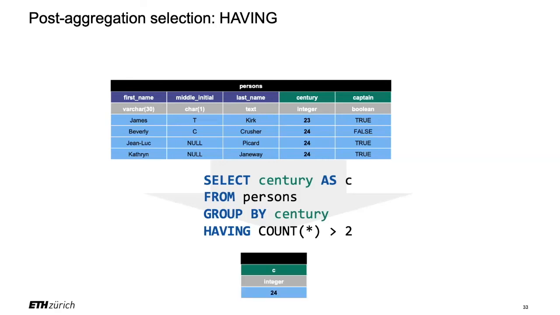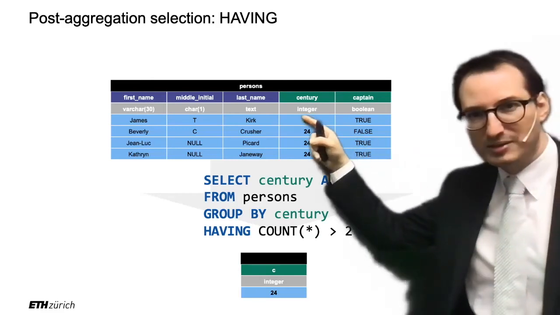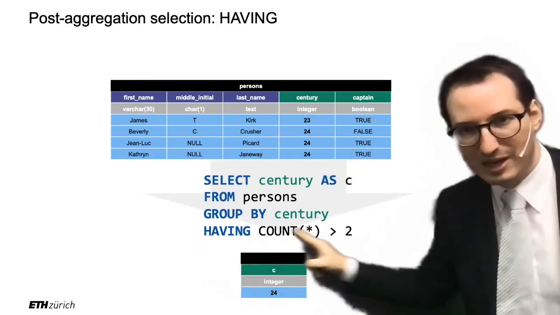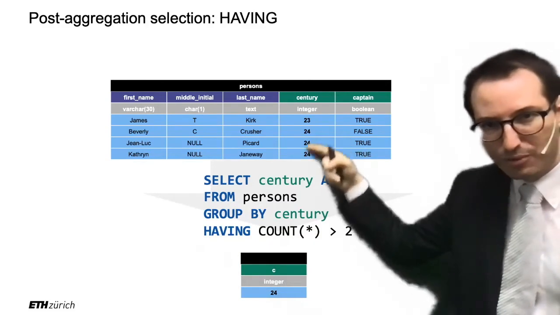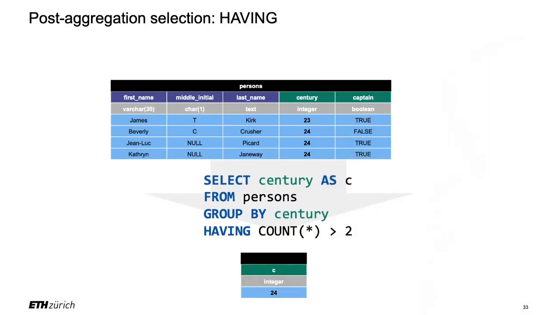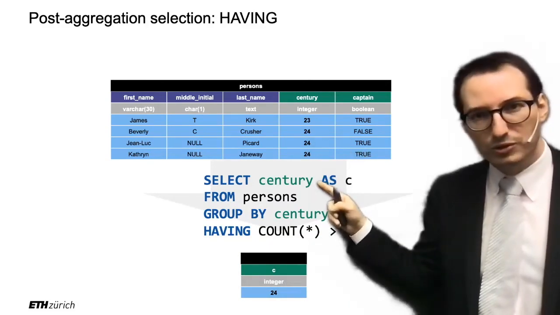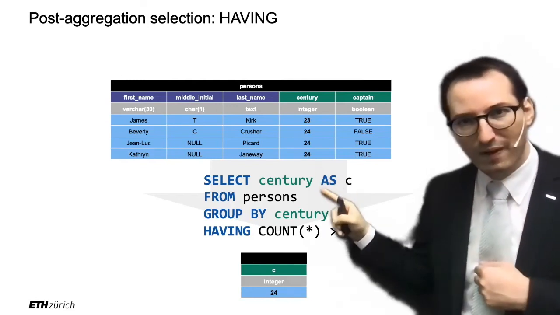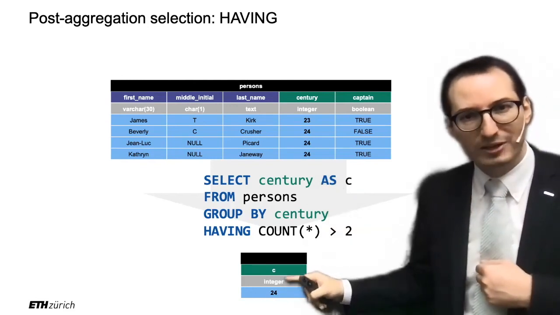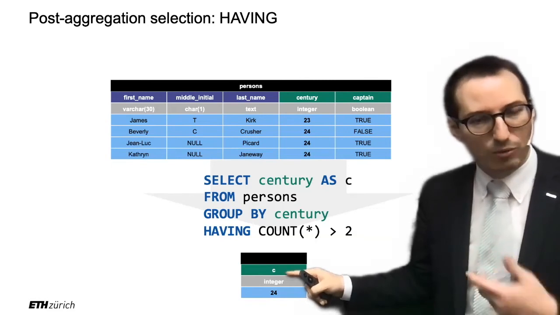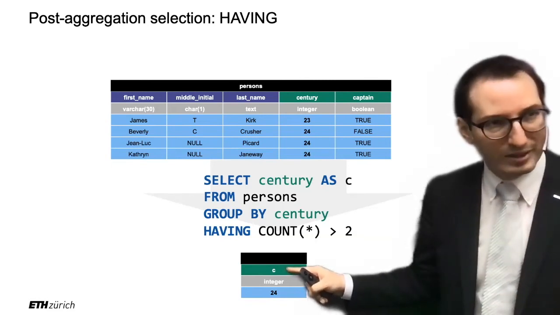Okay. And what you get is 24. Why? Because 23 only has 1. There's only the first record right here for 23. So this is why it's excluded from this selection after the group by. And here we have 3 of them. So this stays. We don't need to include the counts in the output, because all we're interested in is the question: what are the centuries that appear more than twice?